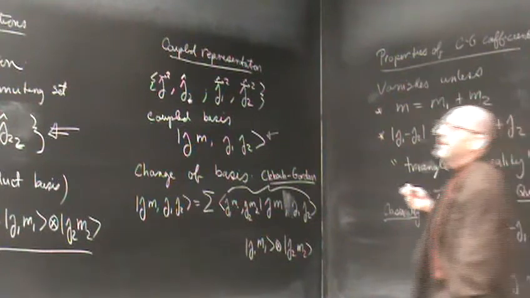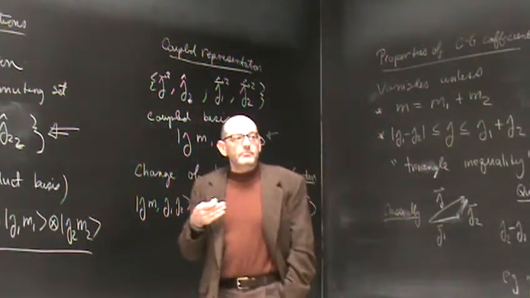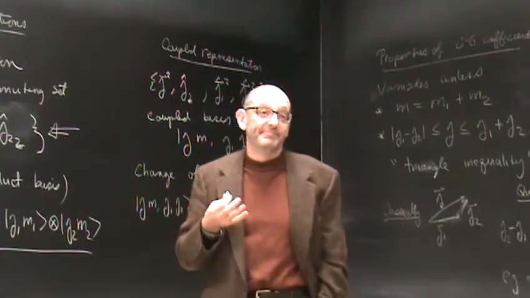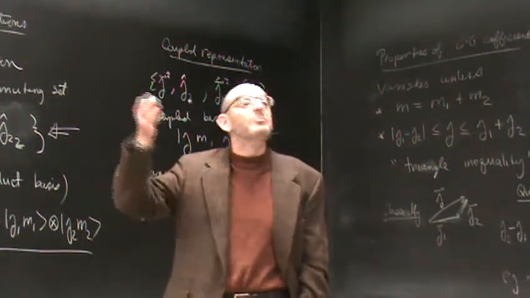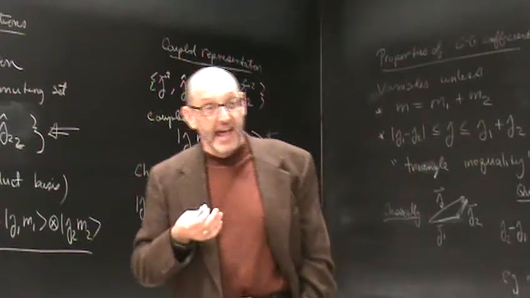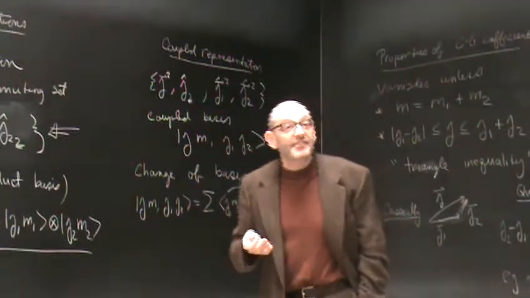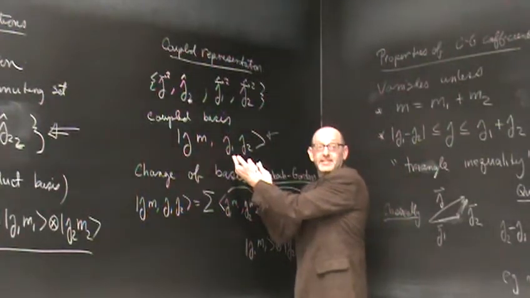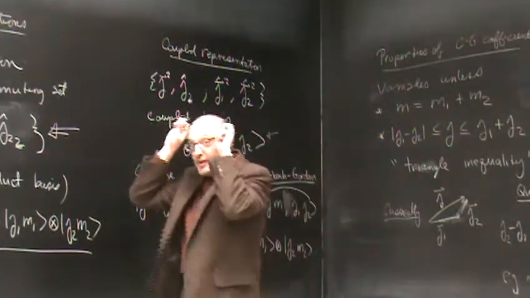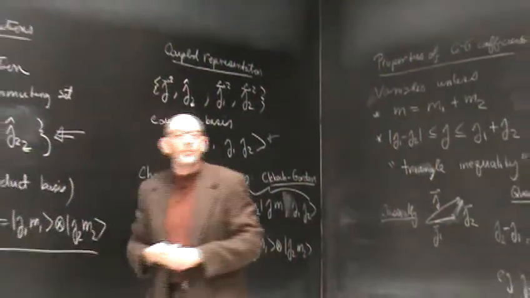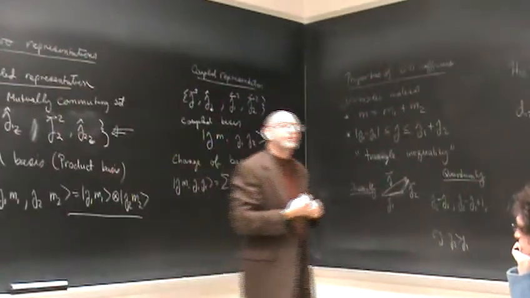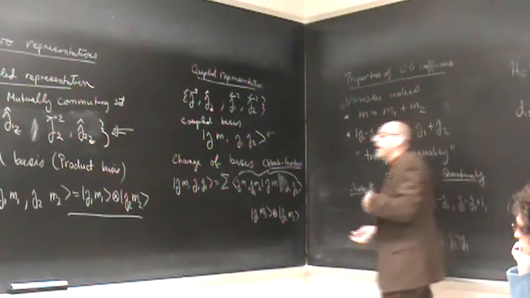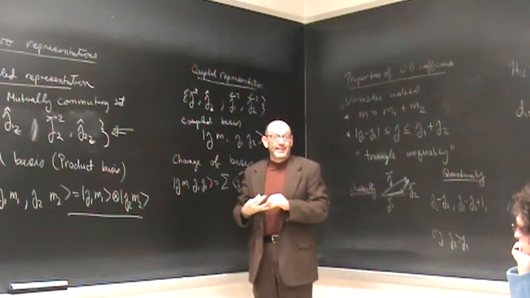So if we're talking about some particular interaction of particles, like say the interaction of an electron and a proton in a hydrogen atom, it might be the case that the good quantum numbers are the coupled representation. And there may be other cases where the good quantum numbers are the uncoupled. What do I mean by the good quantum numbers? What I mean is they are the ones that correspond to commuting with that Hamiltonian.